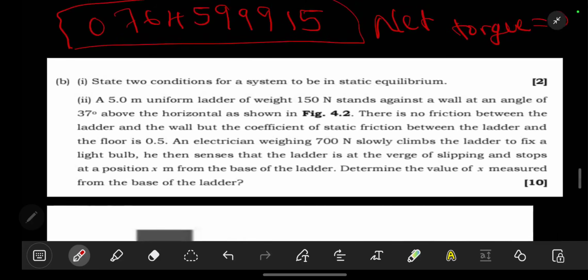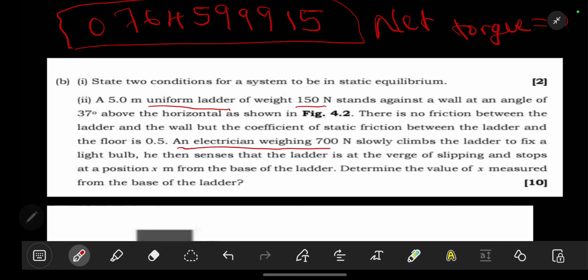Now, with this other one, we are told that a 5-meter uniform ladder, meaning its weight is concentrated at the center, of weight 150 newtons, stands against a wall at an angle of 37 degrees above the horizontal, as shown in figure 4.2. There is no friction between the ladder and the wall, but the coefficient of static friction between the ladder and the floor is 0.5.